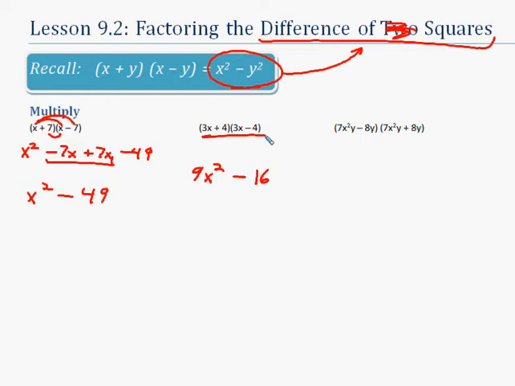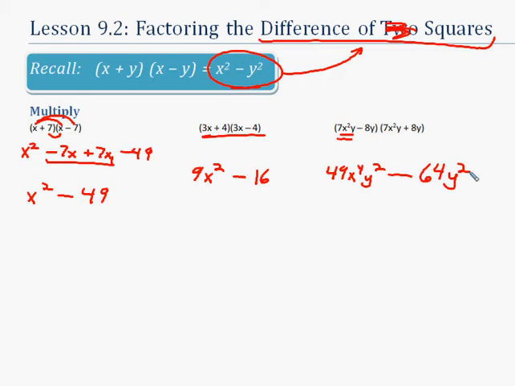Our last one again fits this form. The plus and minus are switched, but that's okay because we can multiply in any order. So it's going to be the first part squared, which would be 49x to the fourth y squared, and then minus 8 squared is 64, and then y squared is y squared.